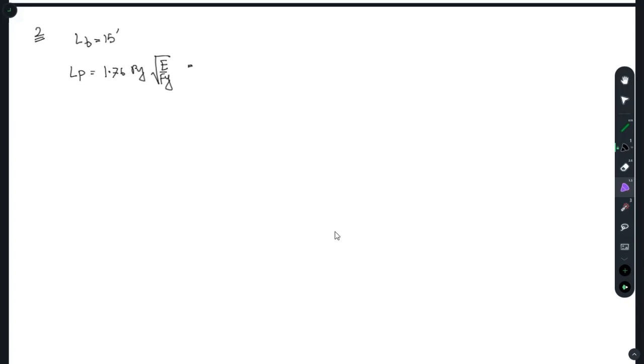So from there, ry is 2.48, and your E value is 29,000 ksi and Fy value is 50. Though it looks like 60, it is actually 50, and eventually the answer would be 105.1 inch. If you convert it to feet, it would be 8.76 feet.